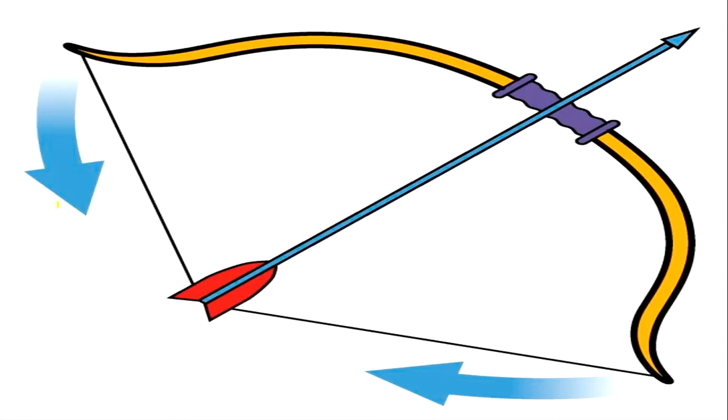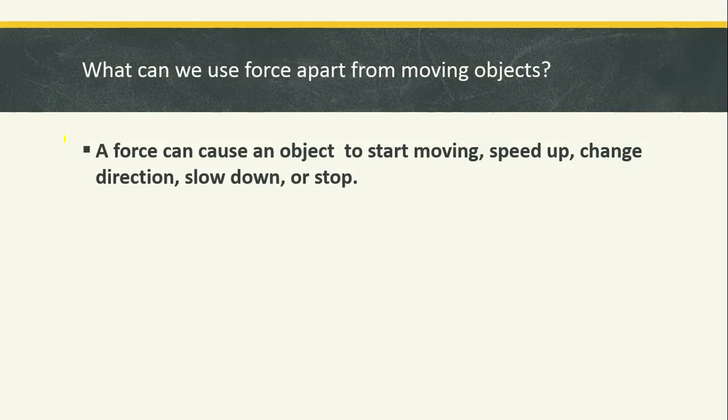Yes, we are stretching this arrow in order to just leave it and boom, it will fly. These are different things you do with force apart from moving an object. So force can cause an object to do what? To start moving.